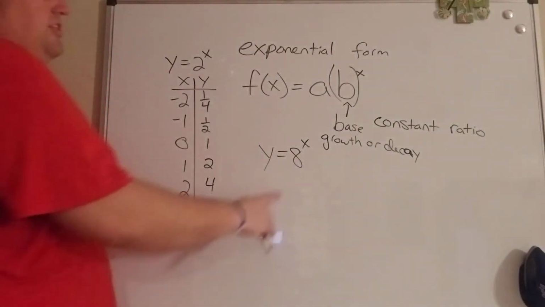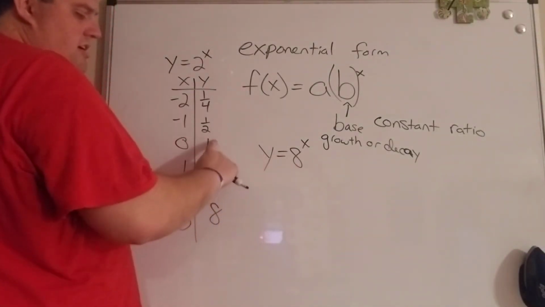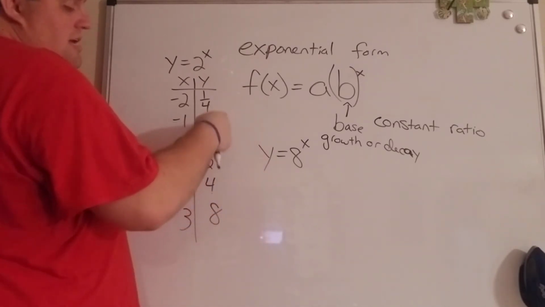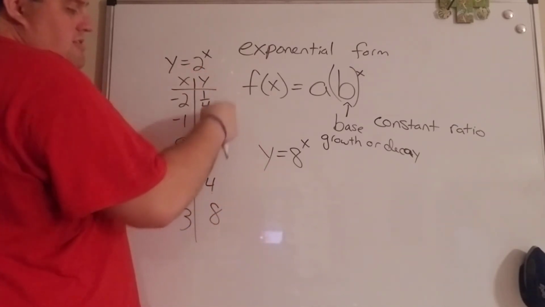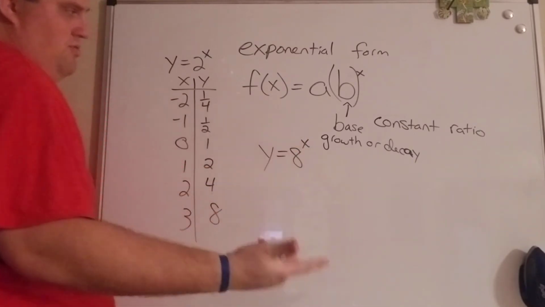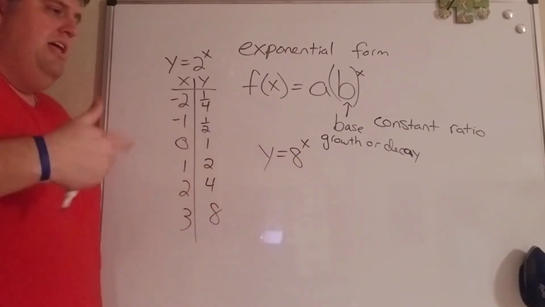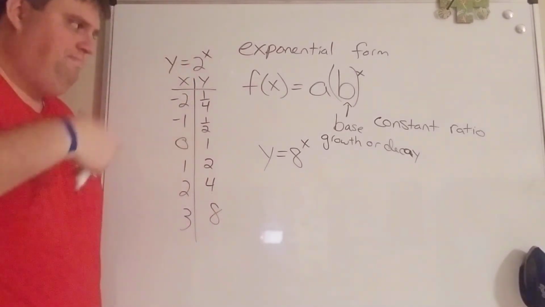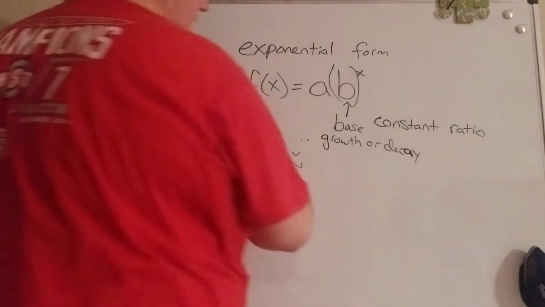That's going to show us the change here, right? Or if you work backwards in the table, it'd be like divide, right? You divide by 2, divide by 2. If the base was 8, the constant ratio, that's going to tell us we multiply by or divide by to go backwards.